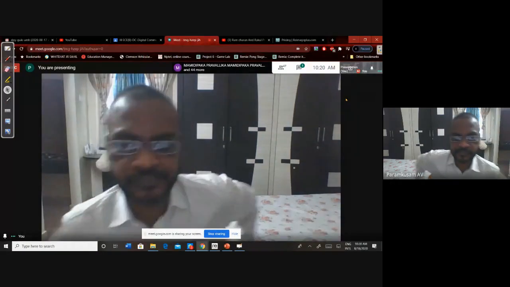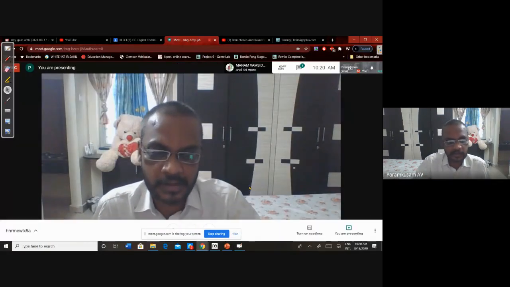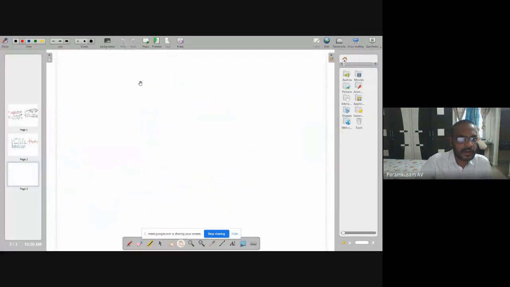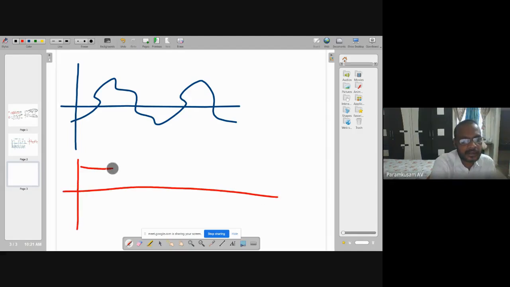Now in analog communication, this signal is transmitted, whereas in digital communication, this is 5 volts, minus 5 volts.